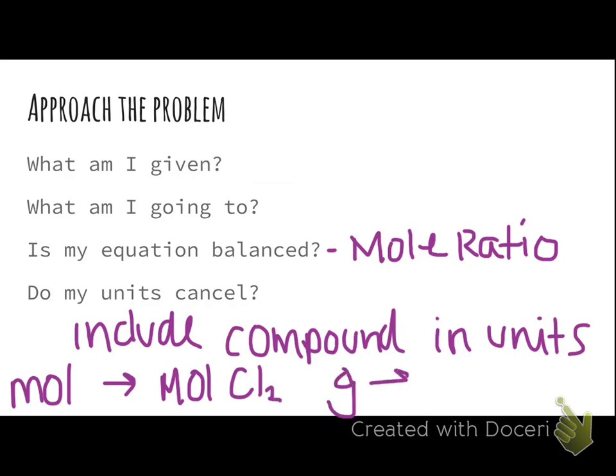Grams shouldn't be left just as grams. It should be grams of O2. Okay, it's going to help. It makes it so you are able to double check that your units cancel, and it also ensures that you're setting your problems up correctly. You don't want to divide when you should be multiplying, and that's what the problem will occur.